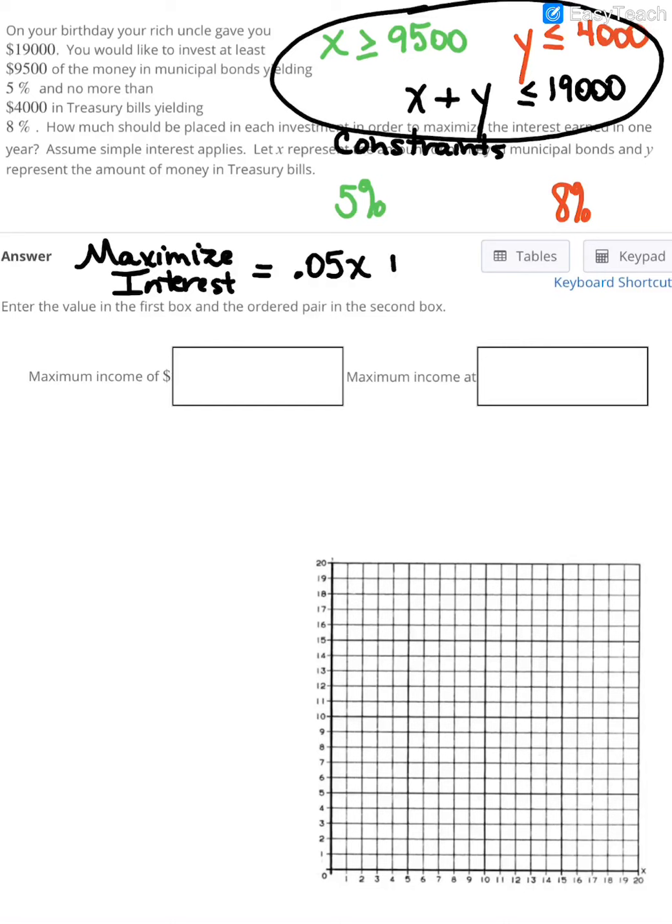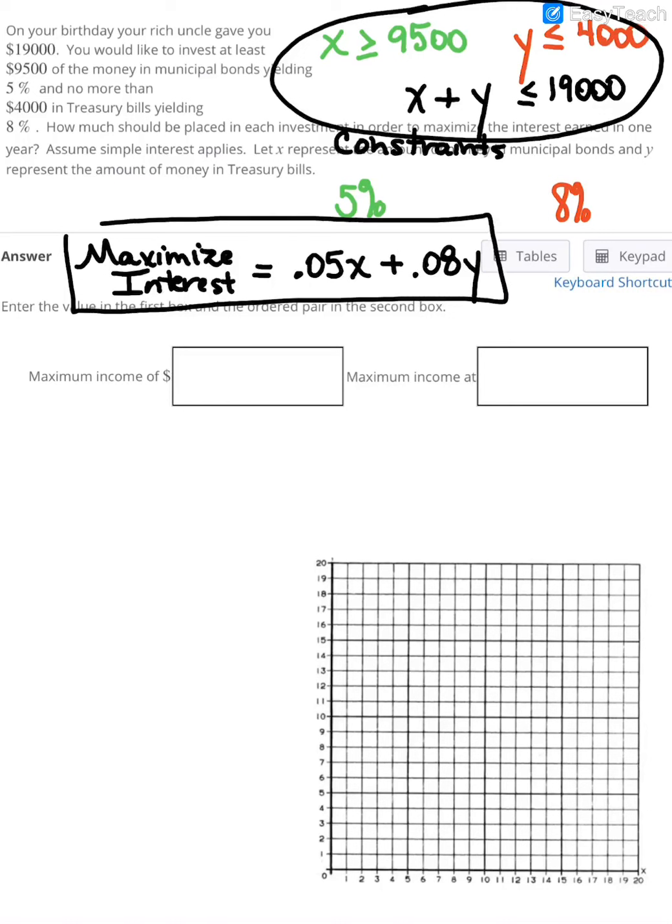And then we're going to add to that the amount of interest that we earn if we invest in Treasury bills. So it told us that paid 8%. So the decimal would be 0.08 times the amount invested, which would be the Y, and also times 1 year. This is our objective function. So that is what we'll use at the end.